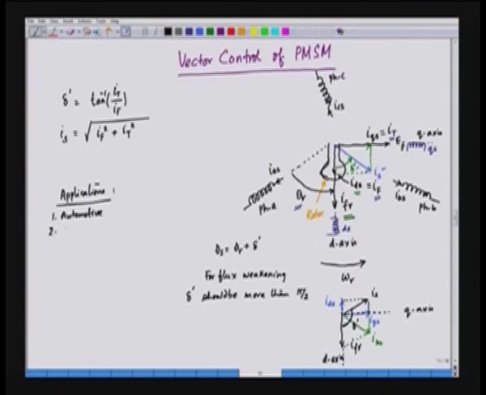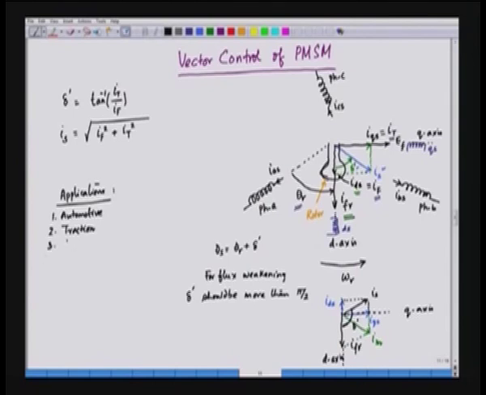Sometimes it is also used for traction application. Traction is also automotive, but at a little higher power. It means from beyond 100 kilowatt to 1 megawatt we can go for this kind of motor.